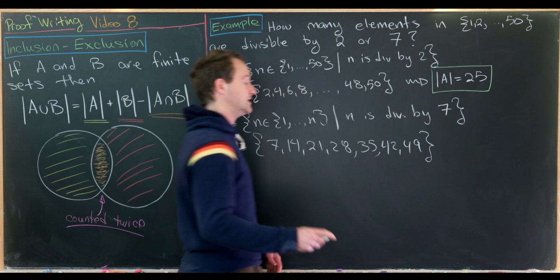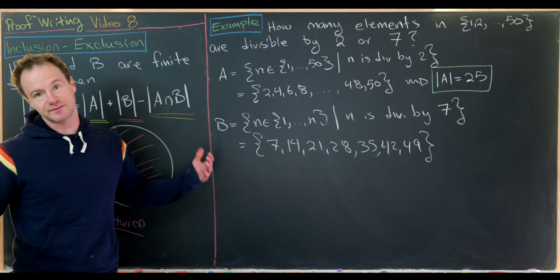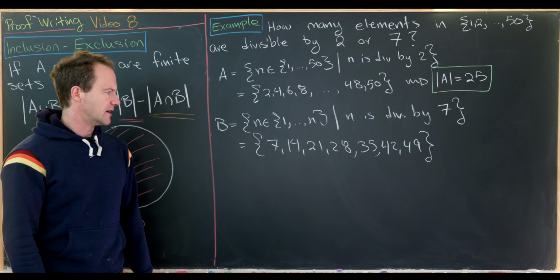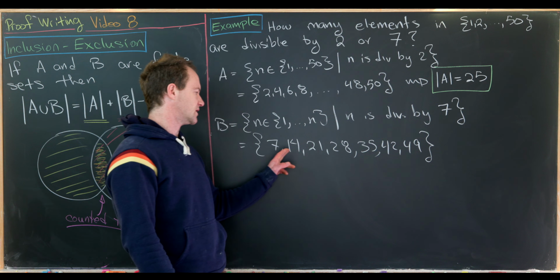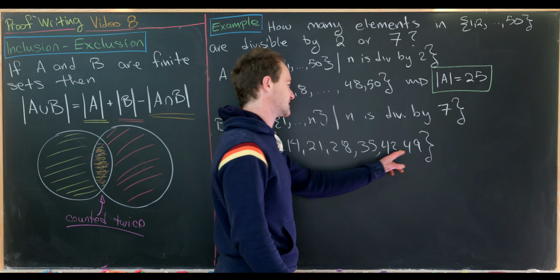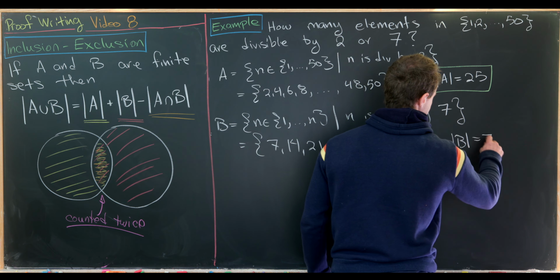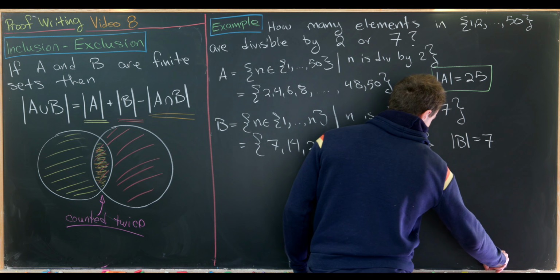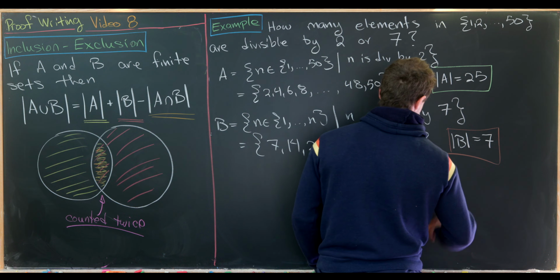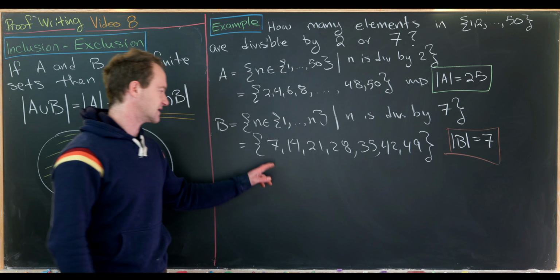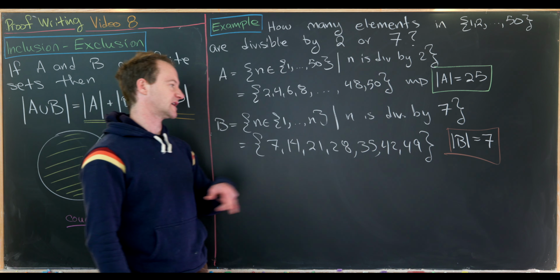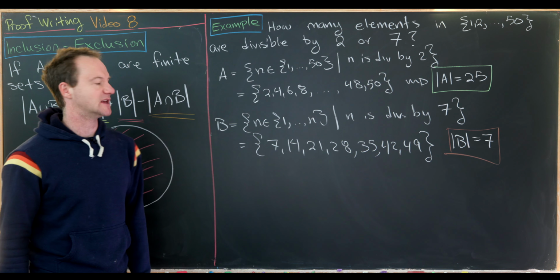Okay, but let's look at this. This is 1, 2, 3, 4, 5, 6, 7 total elements. So here the cardinality of B is 7. Well, we could count that up pretty easily as well by noticing that this is 7 times 1, 7 times 2, up to 7 times 7.